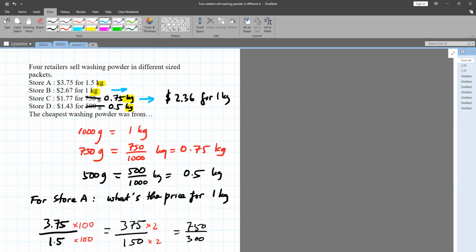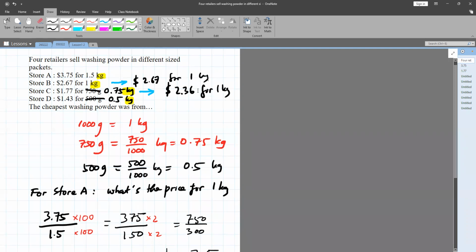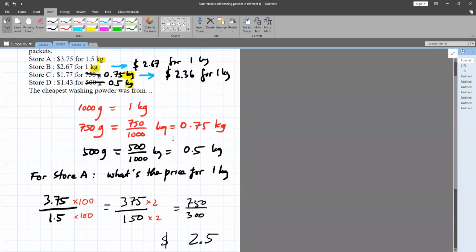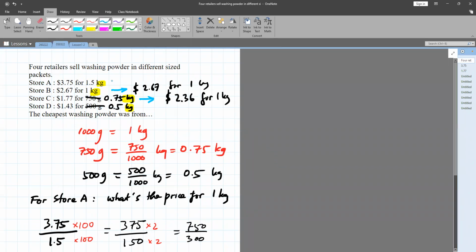The second one here is 2.67 for each kilogram. Now what was the first one? 2.5. And for the 2.5, it's easy. What do you think? You times 143 by 2, that's 283.